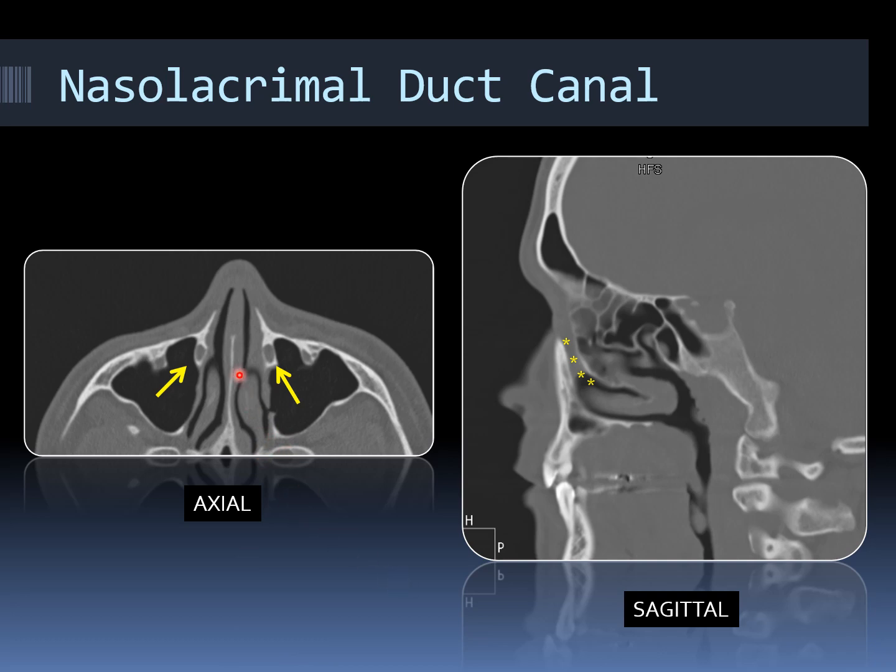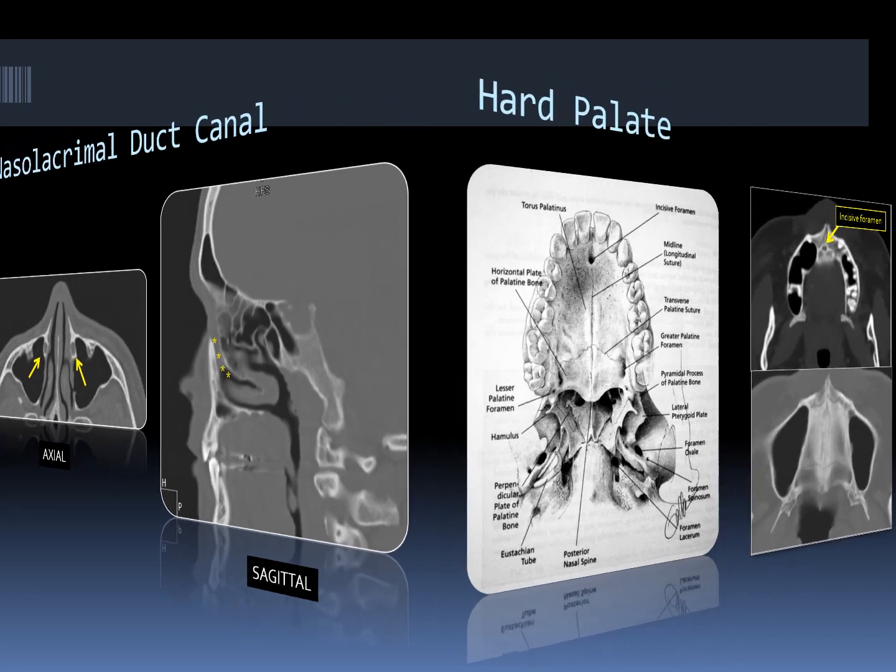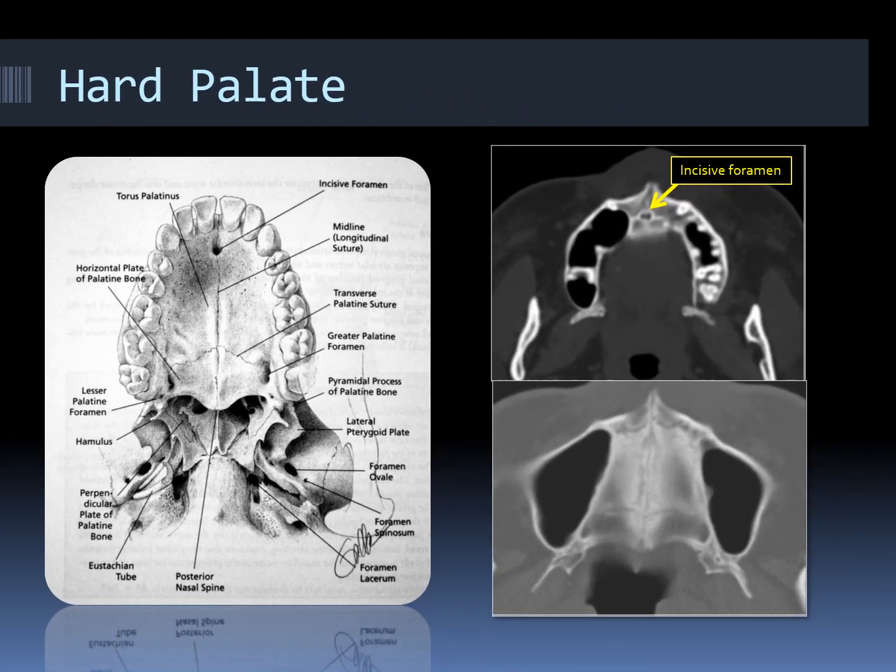On axial and sagittal view, this is the nasolacrimal duct on your axial view, and this one is your duct on your sagittal view of the CT scan. Another area affected on midface fracture is also your hard palate, which could be detached during fractures. So here.